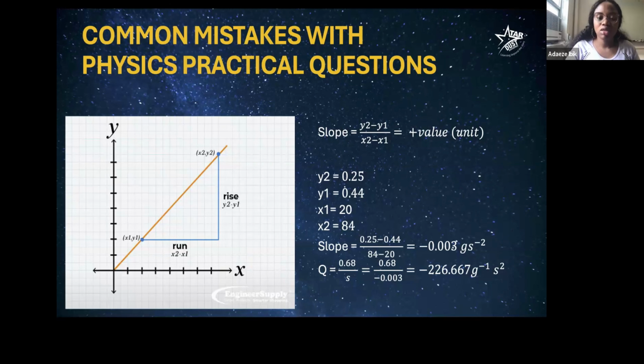And the unit, very important. How do you get the unit from your slope? The unit is usually the unit of your y-axis divided by the unit of your x-axis. So in this case, your y-axis, remember, was second per square, and your x-axis is gram.